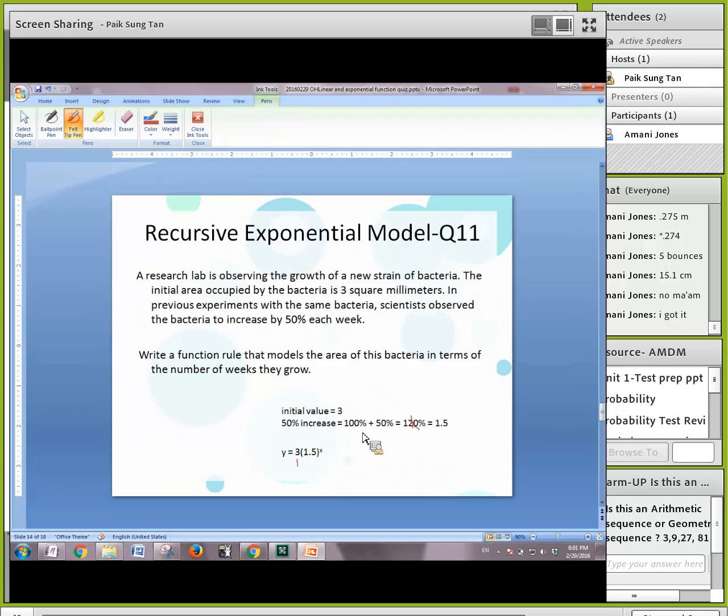Always start with the initial value of 3 and then the rate with the exponent. Again, do you need to subtract 1 on the exponent? You need to plug it in and test to see whether it matches the value that you're supposed to get each time. You got this one? Good.